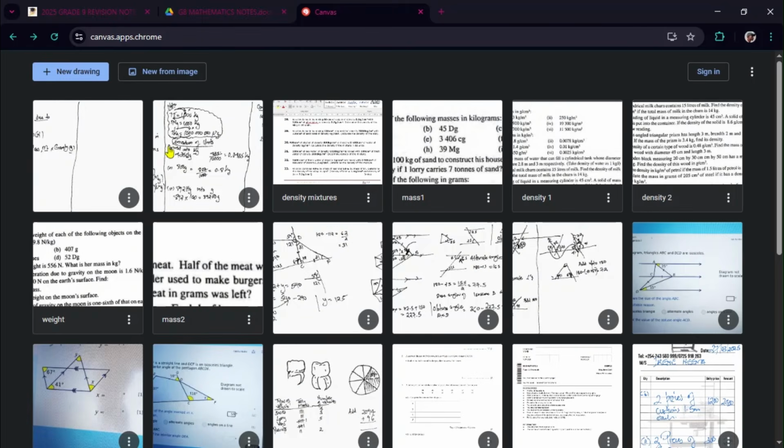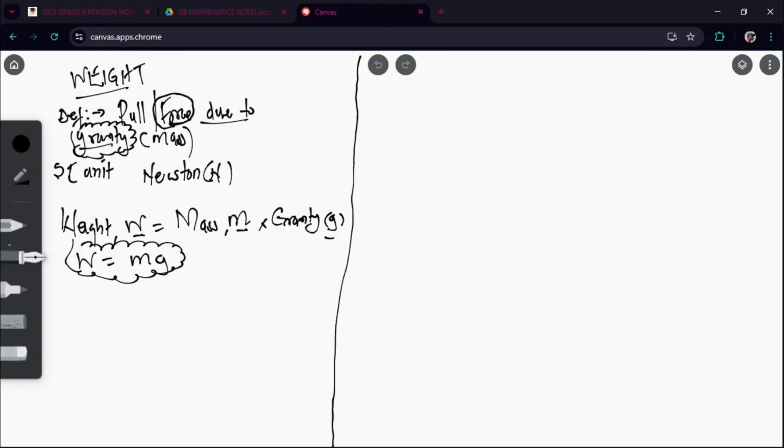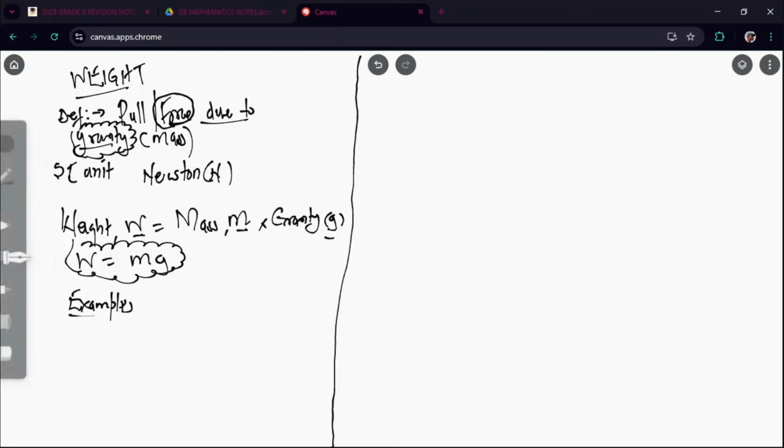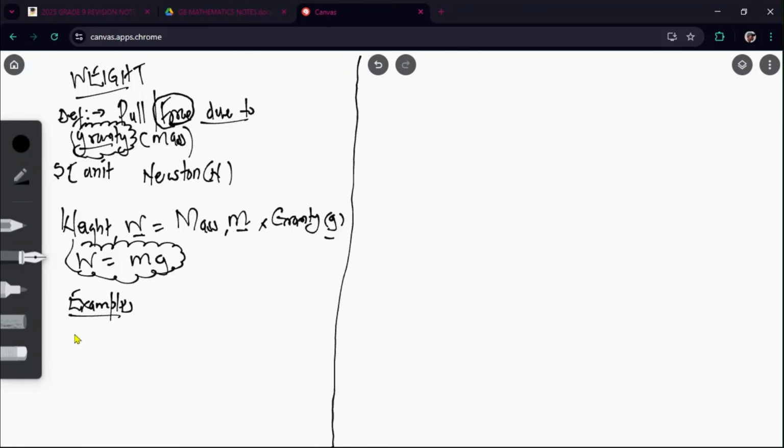Now, if I want to convert to get the weight, they want us to get the weight, and these are examples. They are saying that gravity is equal to 9.8 newtons per kg.